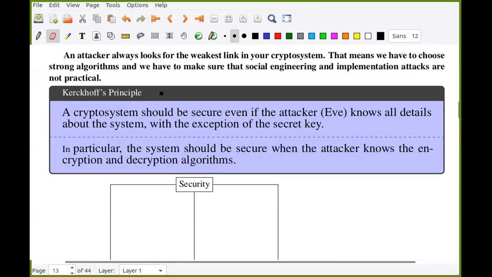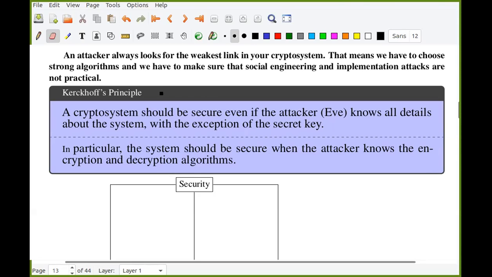So what is that? A cryptosystem should be secure even if the attacker, Eve, knows all the details about the system, with the exception of the secret key. In particular, the system should be secure when the attacker knows the encryption and decryption algorithms also. Everyone knows that this is done by this algorithm, even then they cannot find out. So is the principle clear?